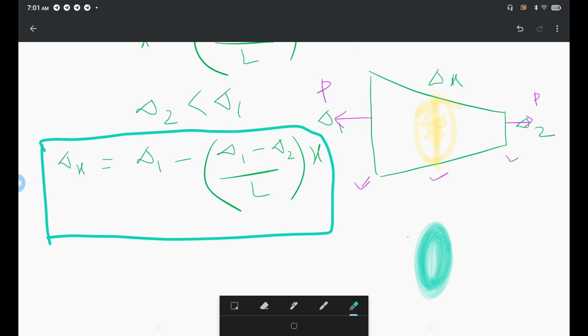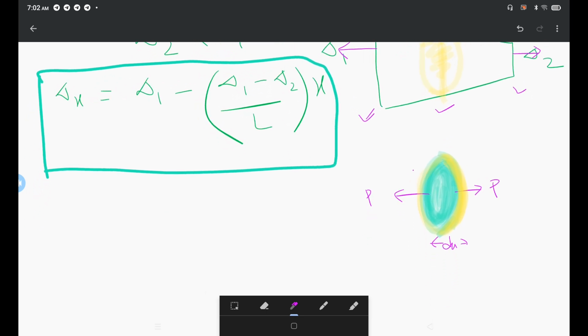This is our elemental strip. Load P is acting here. This is our dx, the thickness of the elemental strip. Due to load P, some stress will be generated in the elemental strip.